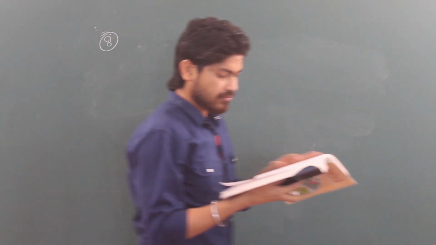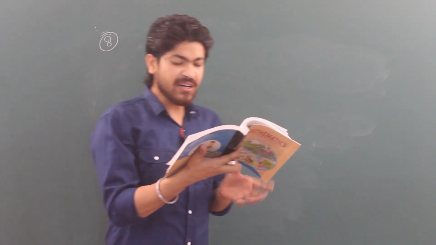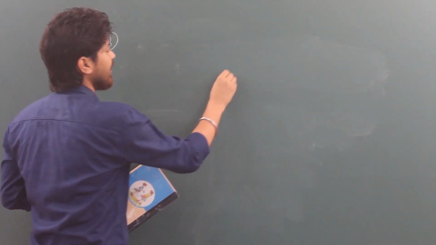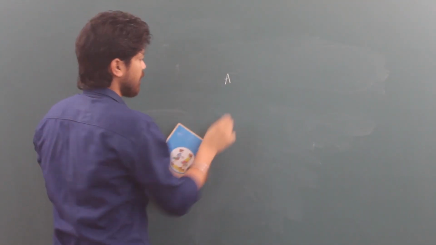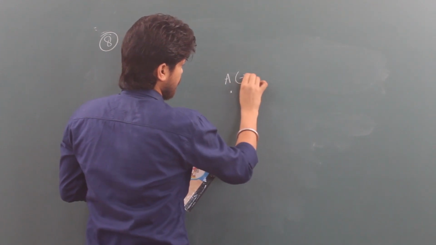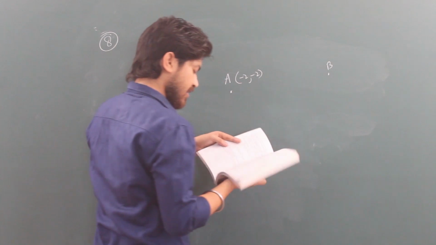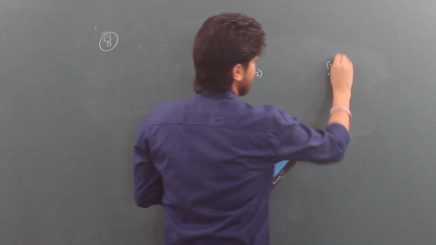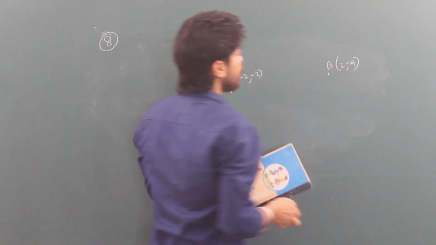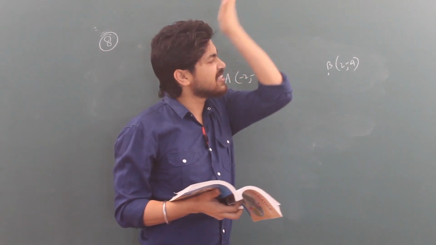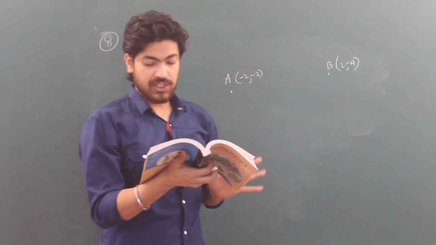See, in question number 8 it is said that A and B are -2, -2 and 2, -4. The coordinate of A is given as -2, -2 and the coordinate of B is given as 2, -4 respectively.